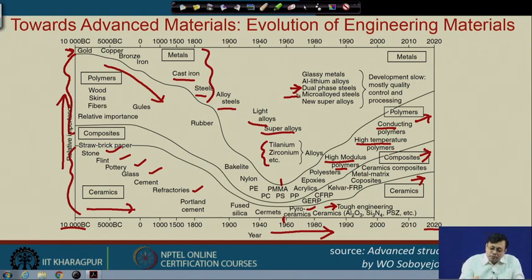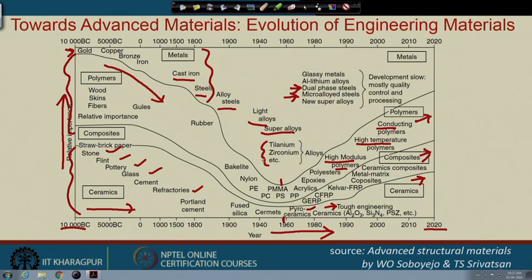Another example was micro alloyed steel. So, upon very minor addition of alloying elements in steel, how can we develop and increase the strength of the steel 3-4 times? That was basically the idea.